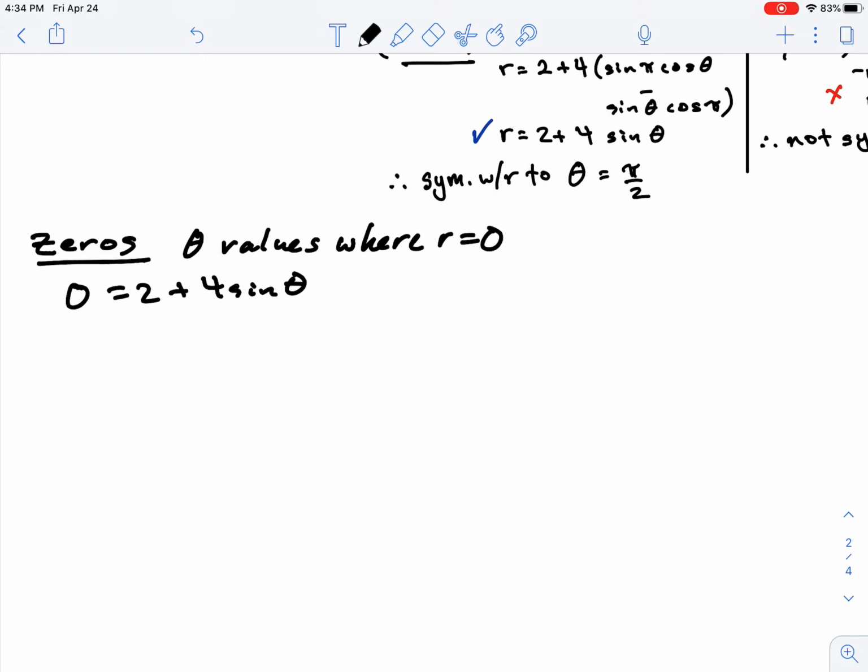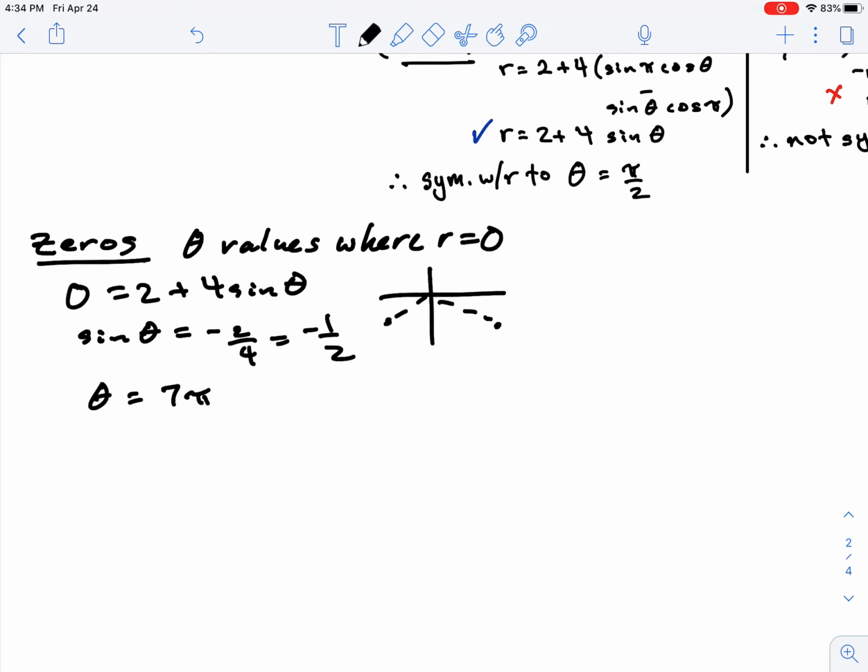Solving, we write this as sine of theta is equal to negative 2/4, or negative 1/2. Just like when we solved trigonometric equations, what angles of theta give us negative 1/2?